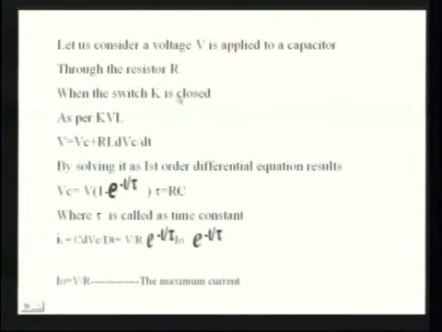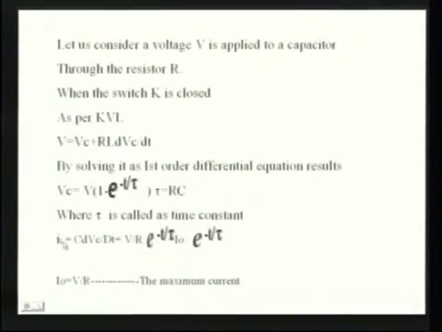When the switch is on, as per the KVL, V equals Vc plus R into C dVc by dt. By solving it as a first order differential equation, the result is Vc equals V times 1 minus e power minus t by tau, where tau equals RC, where tau is called the time constant.